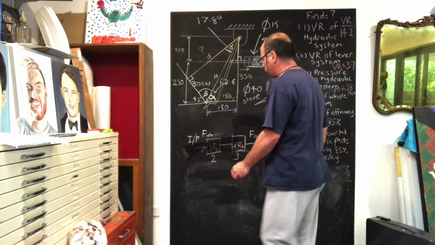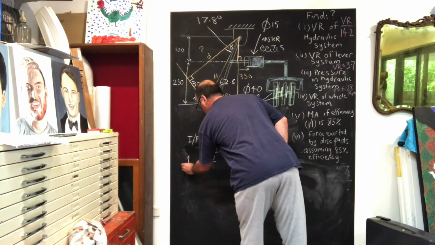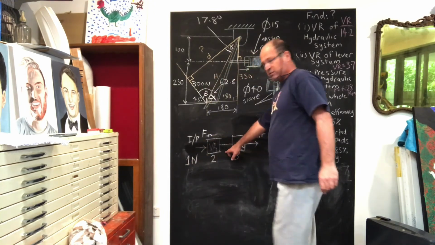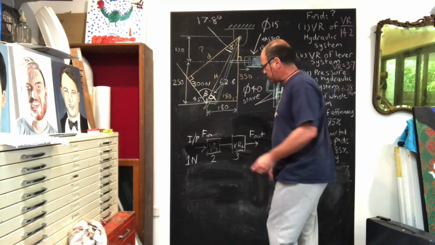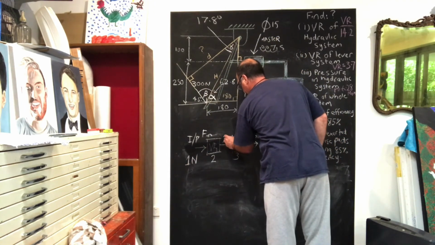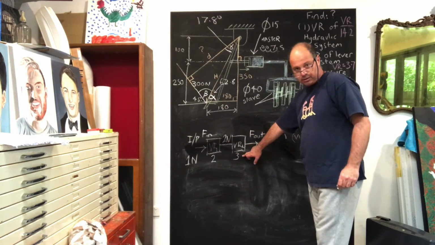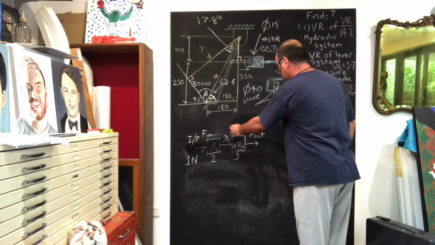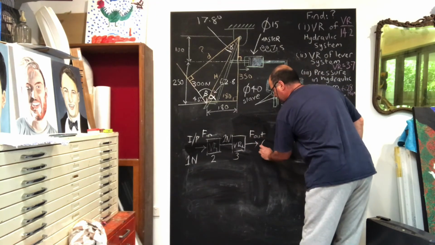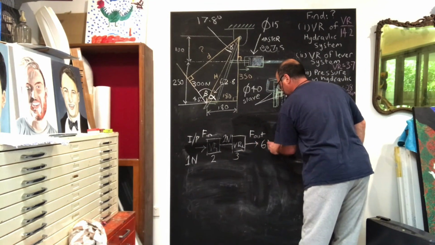So if we just put 1 Newton straight in here, what comes out here? We're going to double it, aren't we? So we're going to end up with 2 Newtons here. And then when we put 2 Newtons into here, we're going to triple it because it's times 3. So you're going to get 2 times 3, and we're going to have 6 out. 6 Newtons coming out.